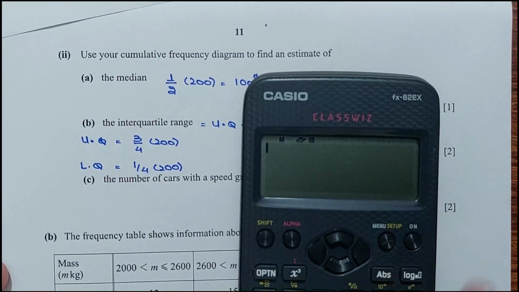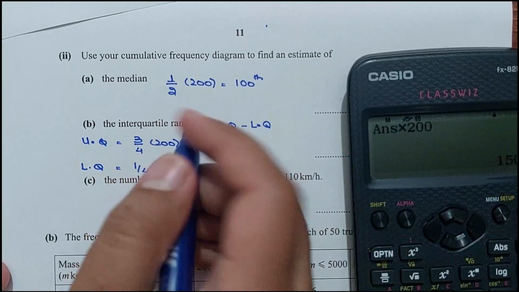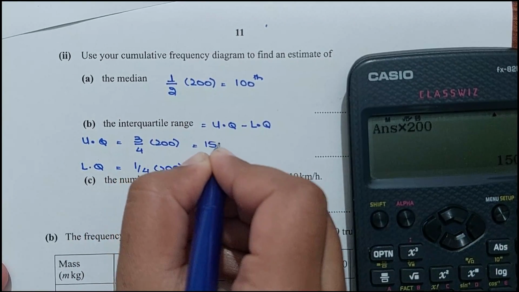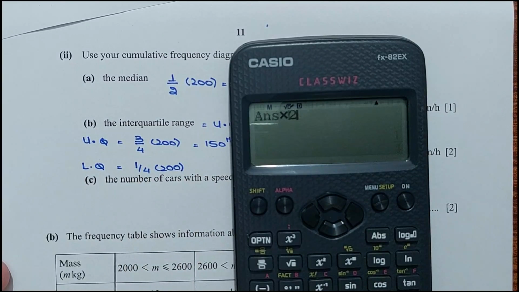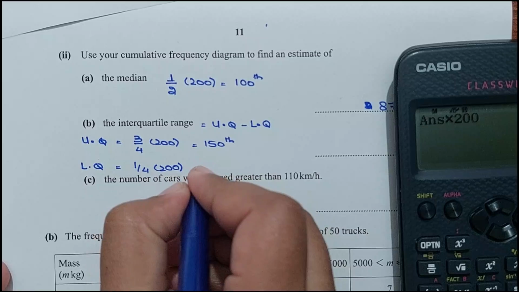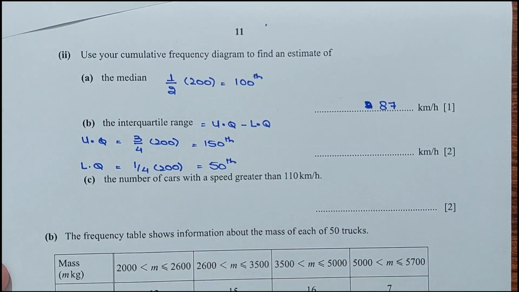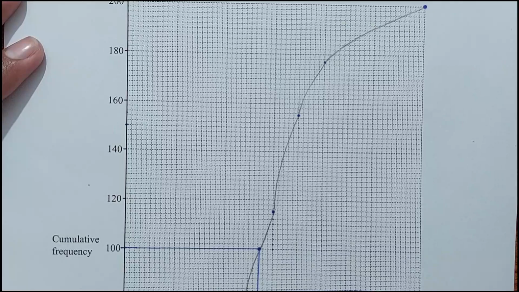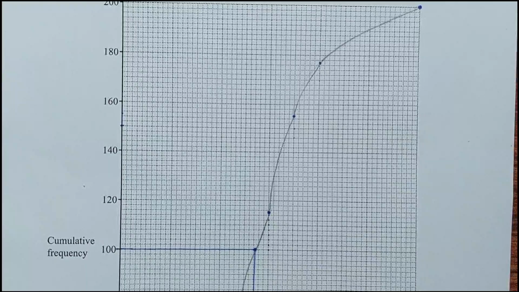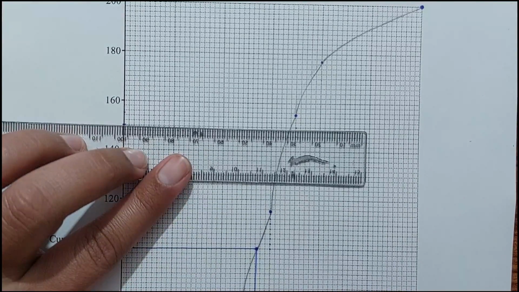Let me simplify. 3/4 of 200 is the 150th value we have to find, right? And 1/4 of 200, we have to find the 50th value. The difference of the 150th and the 50th value is the interquartile range, right? So let me solve for the 150th value first. So this is the 150th value.